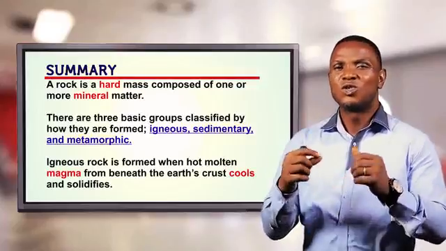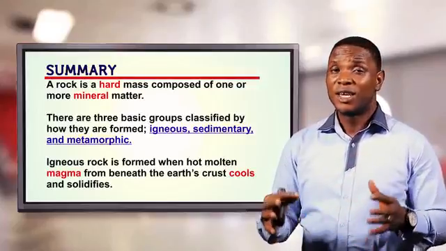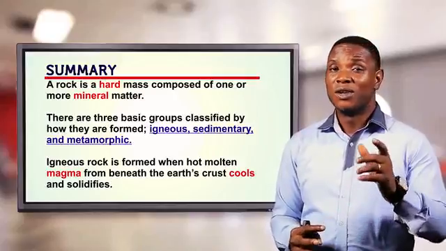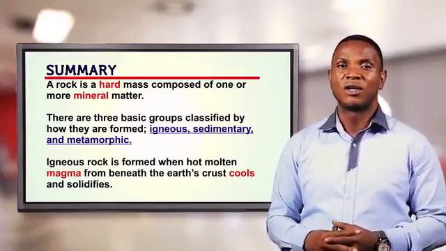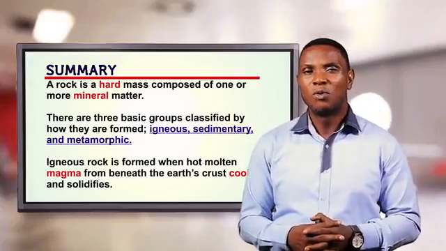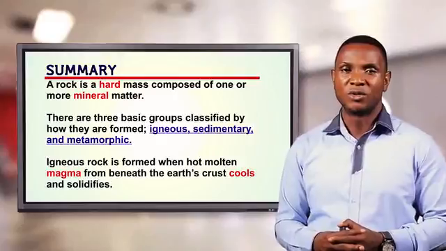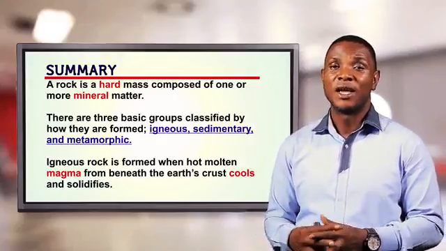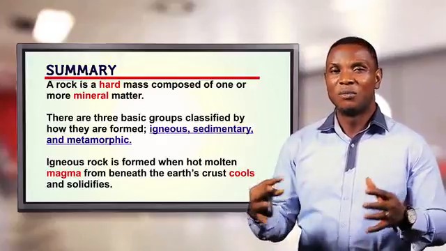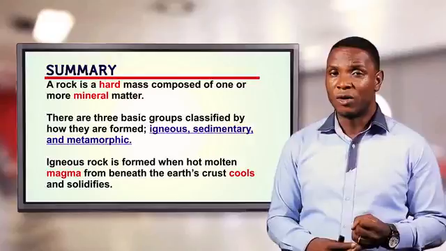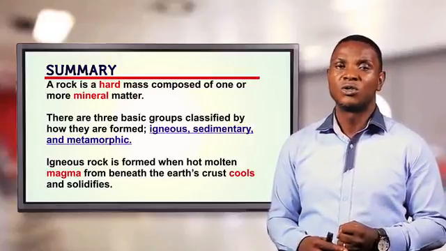Now, we've learned so much today. Let's take a quick recap to see all that we've learned about. We learned firstly what a rock is. We said a rock is basically a hard matter composed of one or more minerals. We also learned that rocks can be classified based on how they are formed. So we have igneous rock as a type of rock. We learned about igneous rock today.